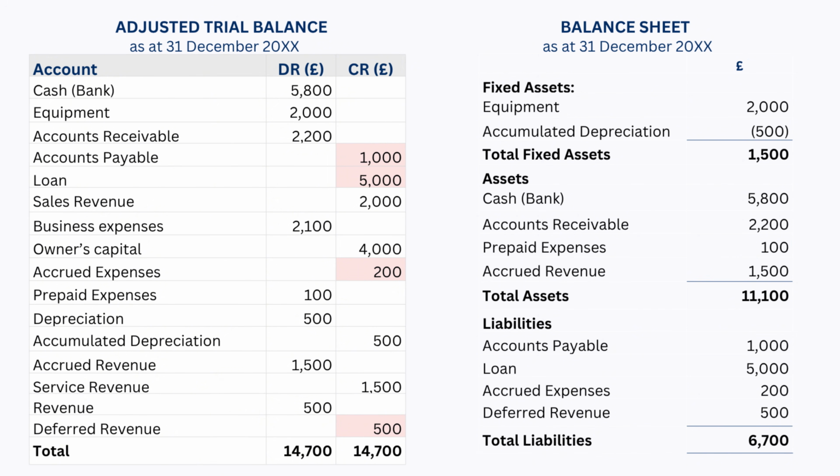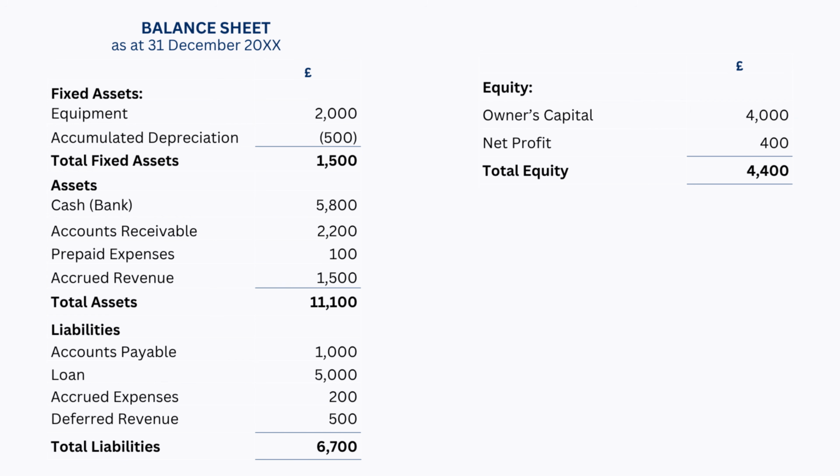Next, we list liabilities. Liabilities are amounts the business owes. These include accounts payable, loan, accrued expenses, and deferred revenue. Total liabilities equal £6,700.